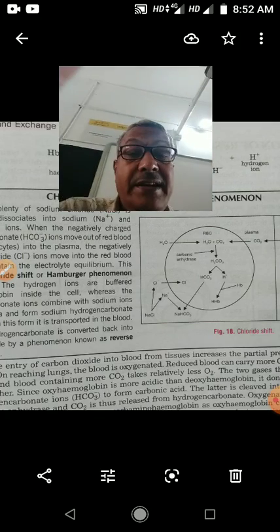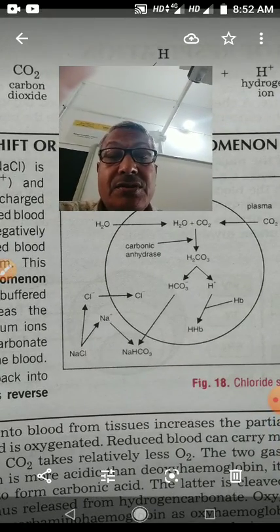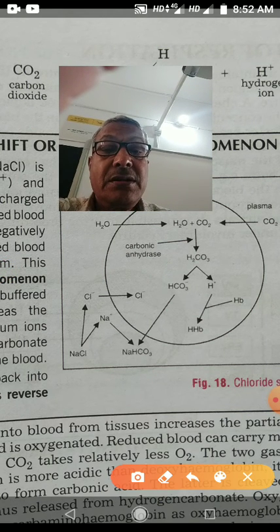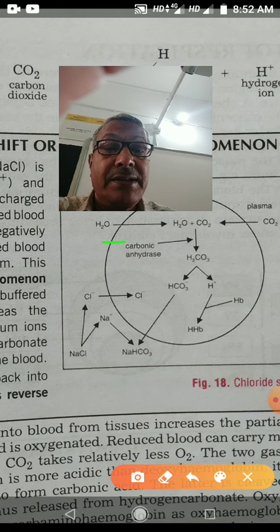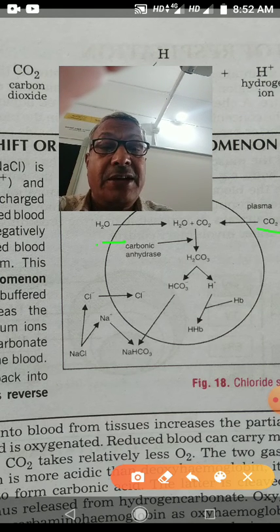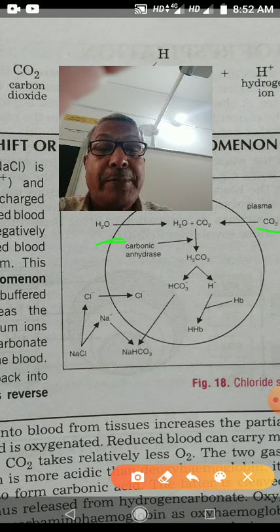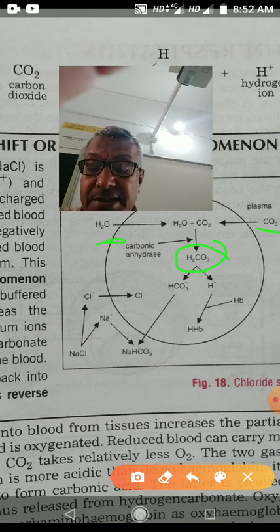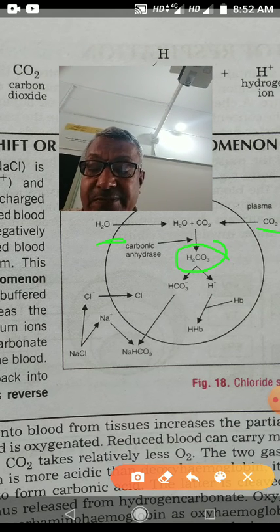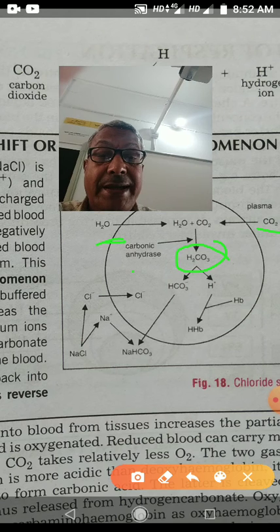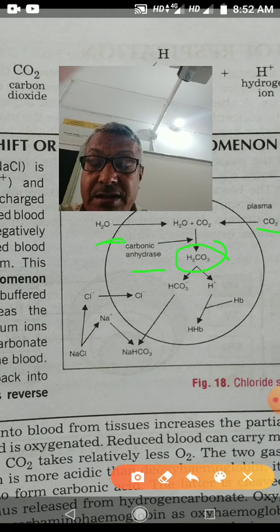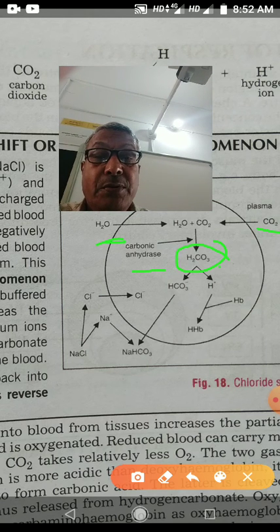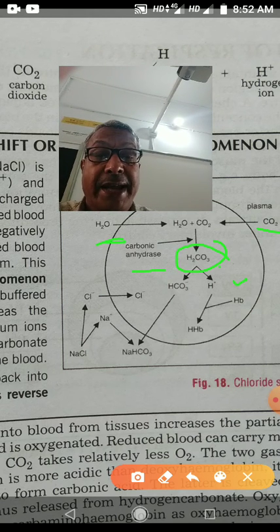Carbon dioxide dissolves in water and forms carbonic acid, that is H2CO3. This reaction is catalyzed by the enzyme carbonic anhydrase. This carbonic acid further will dissociate and produce hydrogen ion and bicarbonate ion.